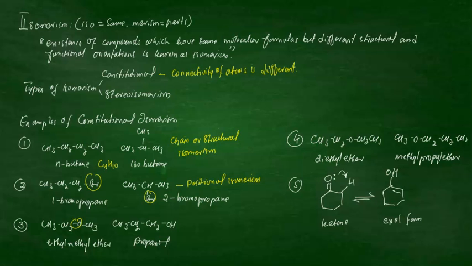Its name is ethyl methyl ether, and the other molecule is propanol, so it has an alcoholic group. They have different functional groups but the same molecular formula. Such type of isomerism is known as functional group isomerism.